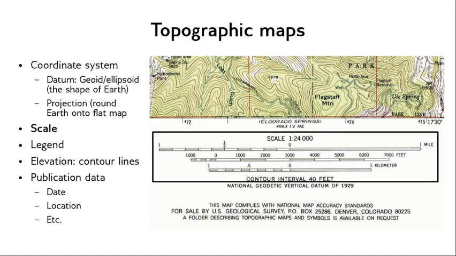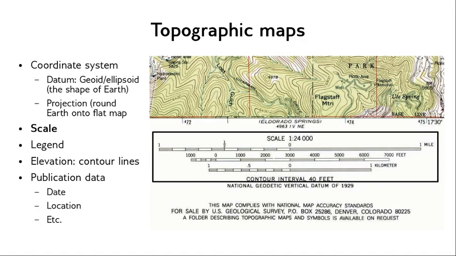After that, we look at the map scale. And right here it says scale is 1 to 24,000. Great. 1 of what to 24,000 of what? That doesn't really matter, right? So it could be 1 of my pinky nails on the map is going to be equal to 24,000 of my pinky nails lined up right next to each other in the real world.